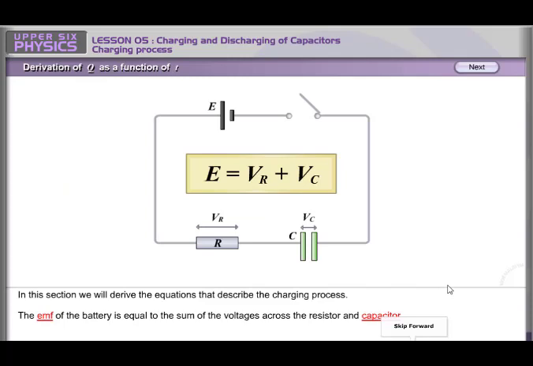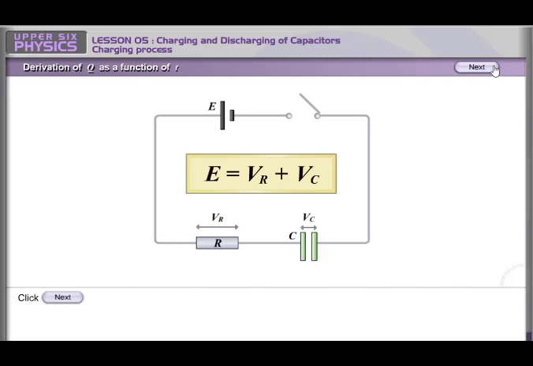In this section, we will derive the equations that describe the charging process. The EMF of the battery is equal to the sum of the voltages across the resistor and capacitor. Click the Next button.